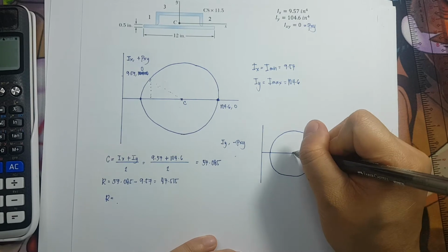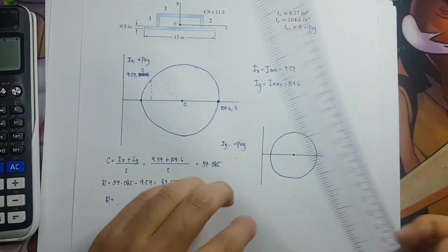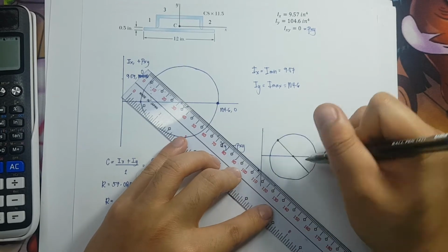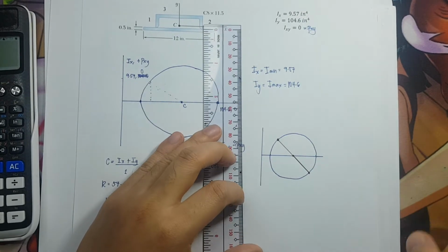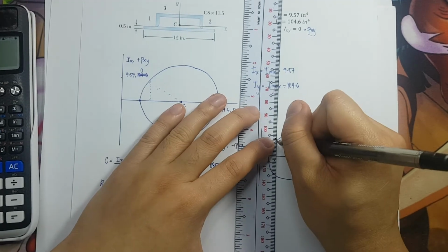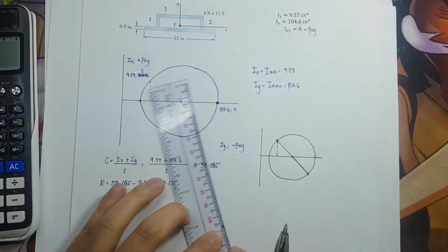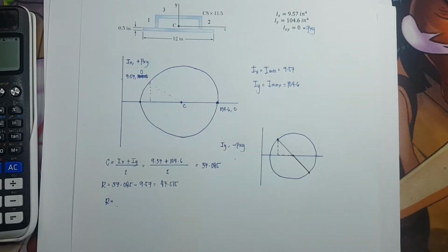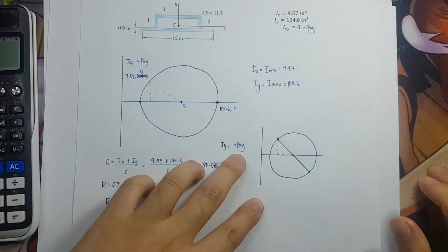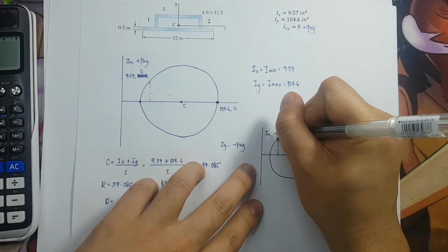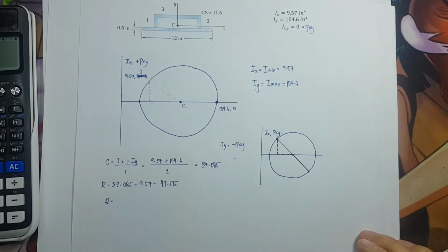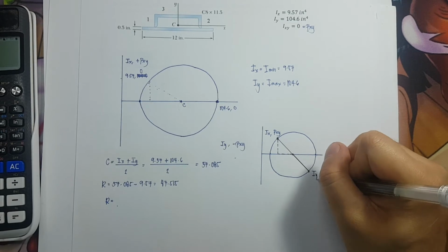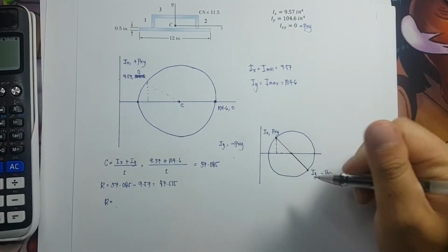For example, we were able to draw three points, and they are not lying on the horizontal axis. Here we will be using this right triangle to derive our equation. So we have Ix and Pxy, and we also have Iy and negative Pxy.